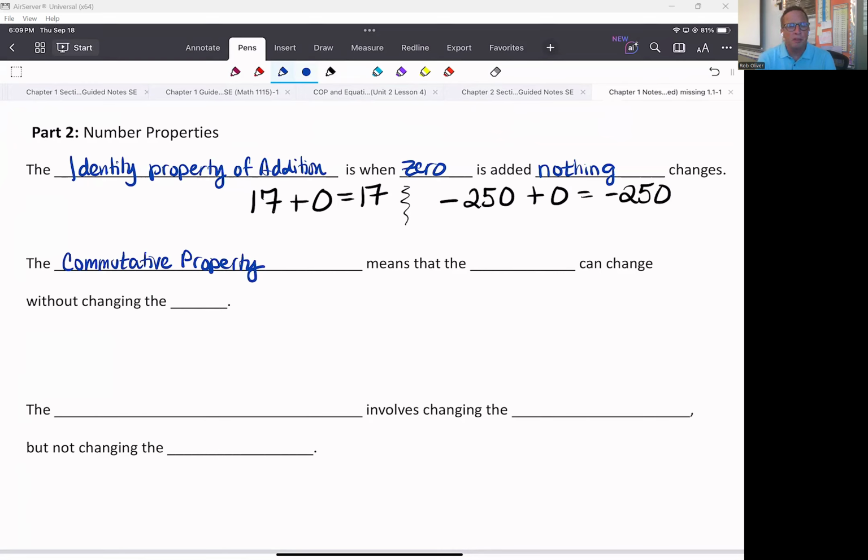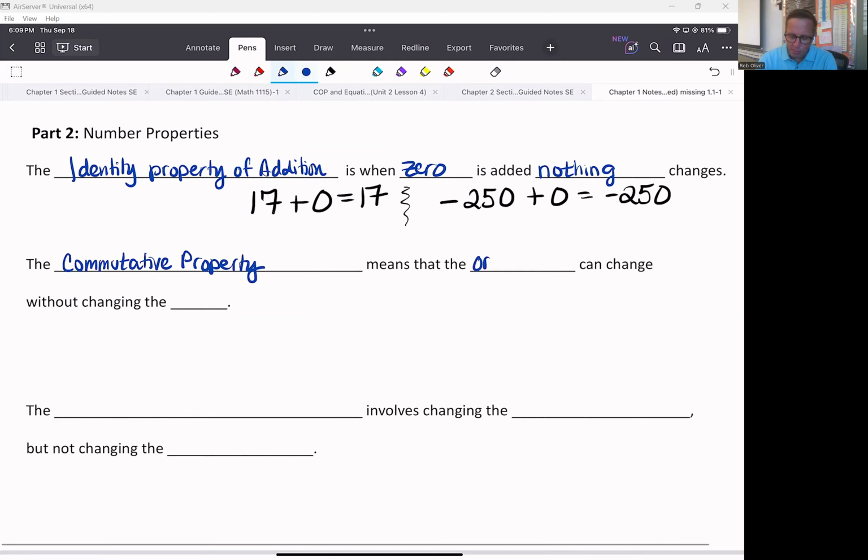A lot of times we're using it and we don't necessarily know that it's called that. But what it means is that the order of the numbers can change without changing the sum.